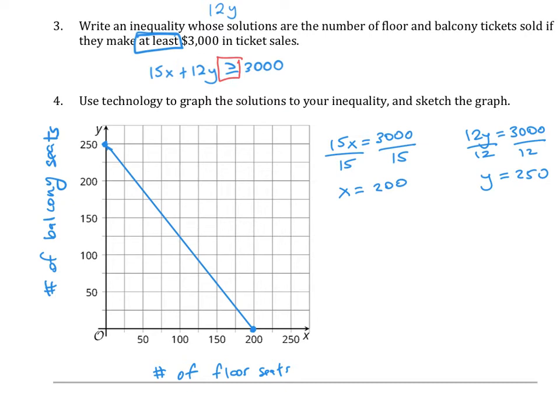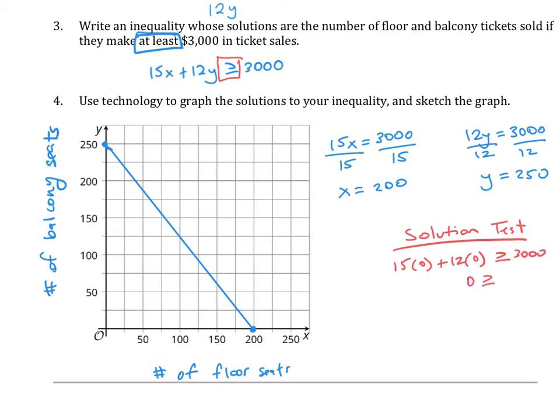The next thing I need to do is a solution test to see where to shade. Like I mentioned in class, I always use the origin unless my line is going through the origin. So if I plug in 0 for x and 0 for y, I need to see if that's greater than or equal to 3,000.